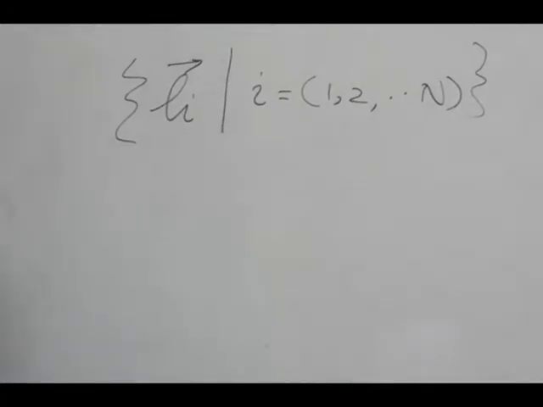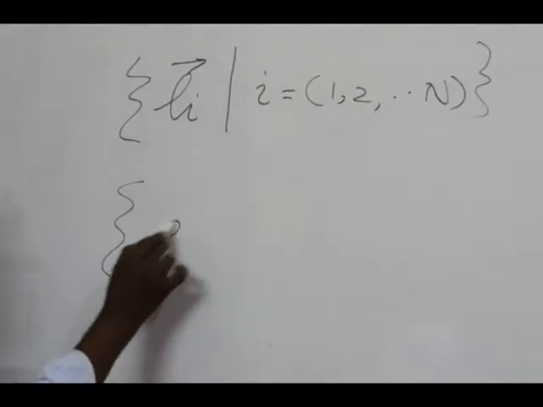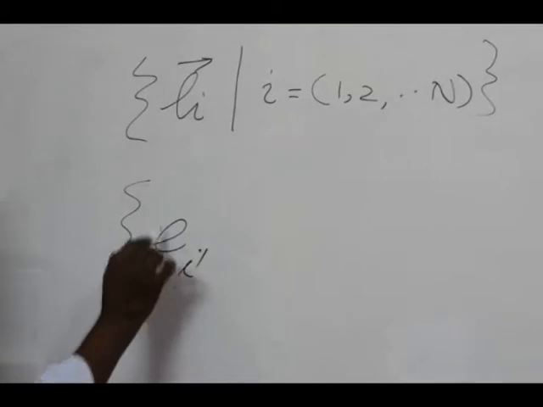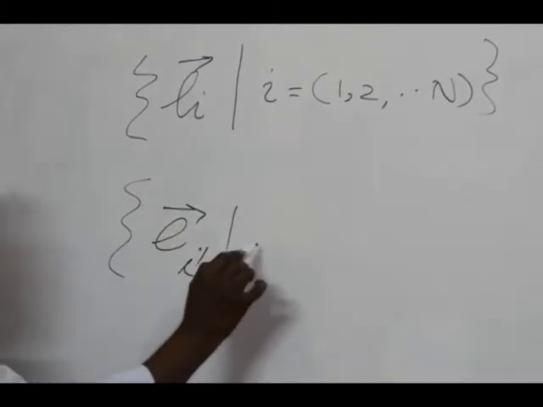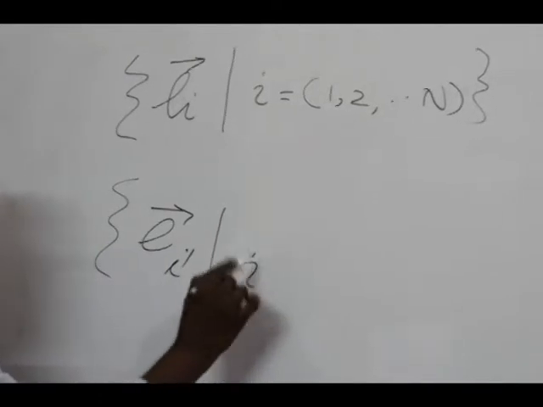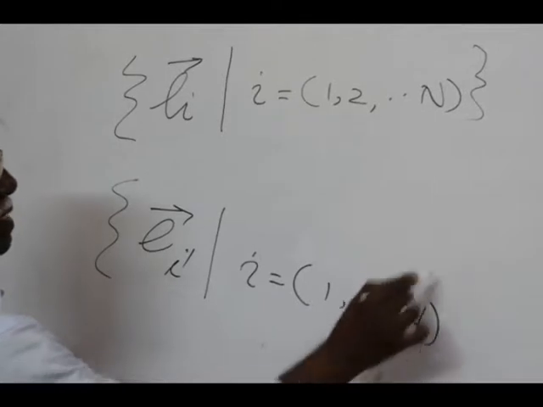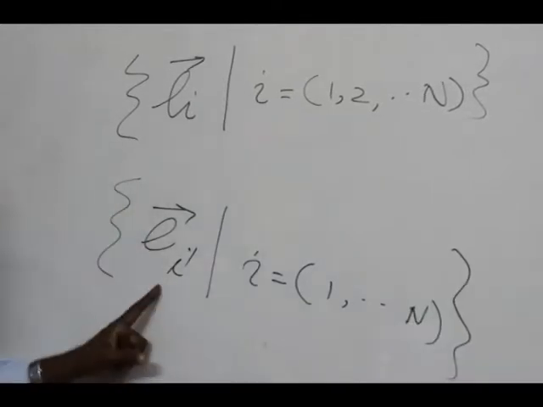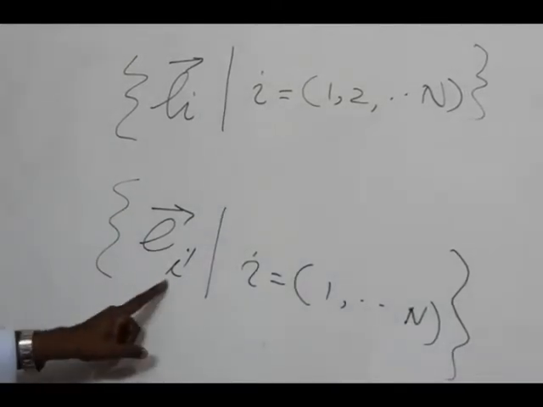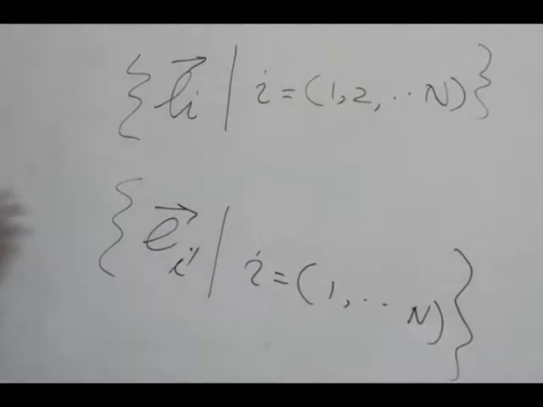And we can have any type of basis. You can think of another basis, ei dash, with i going from 1 to n. This is the primed basis, and this is the unprimed basis. So any number of bases you can construct in a vector space.